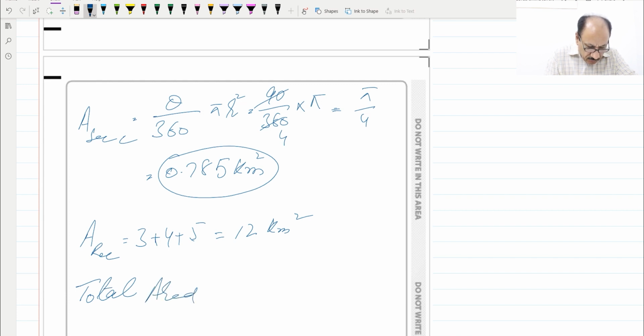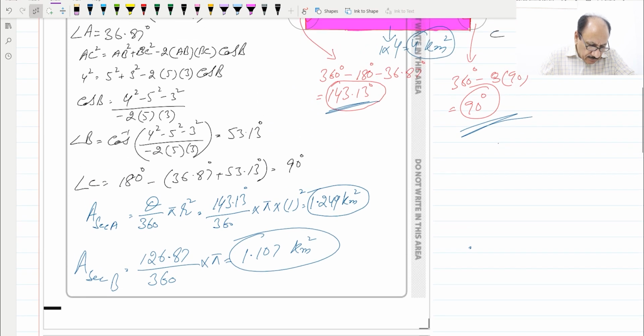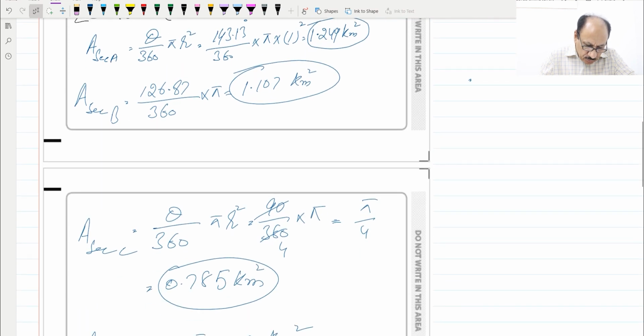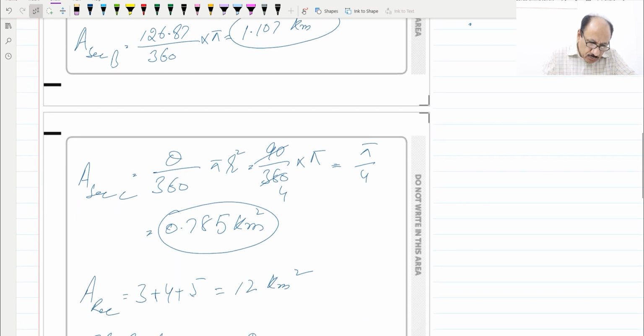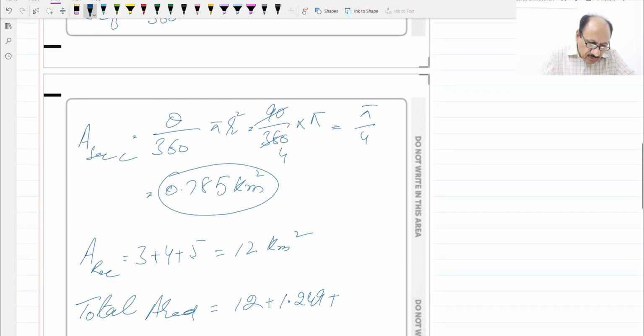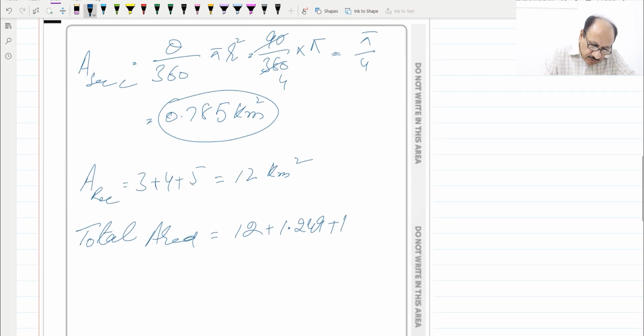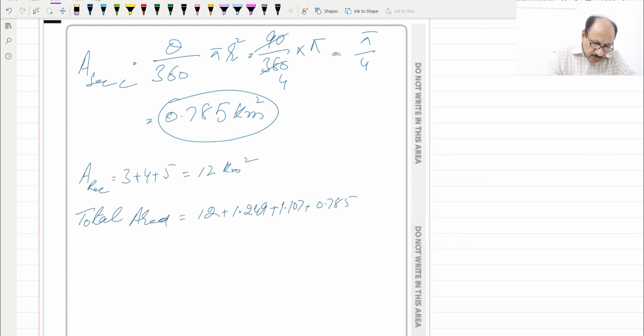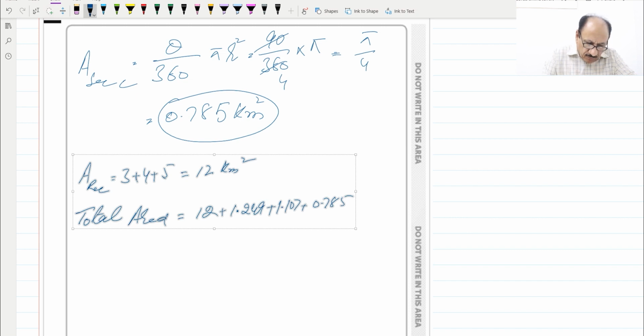which is out of bound for the others, will be equal to 12 plus 3 sector areas we need to add, which is sector area 1 is 1.249, plus the second one is 1.107, and the third one is 0.785. Now we can find the sum for this one.